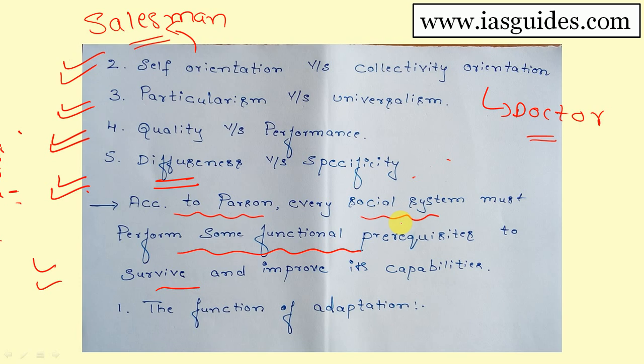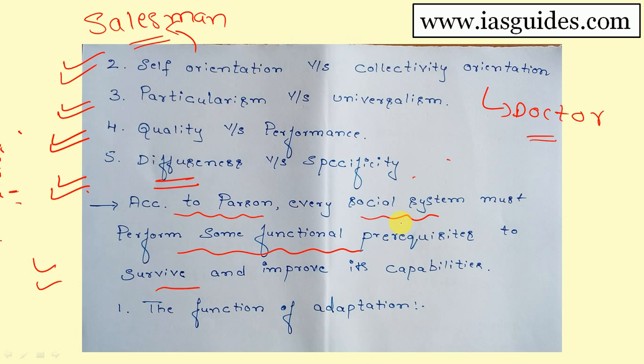To produce as well as to allocate disposable resources among the individuals of a society is known as the function of adaptation. For example, economy is the primary specialized subsystem in relation to the society. Economy, you can give as an example.